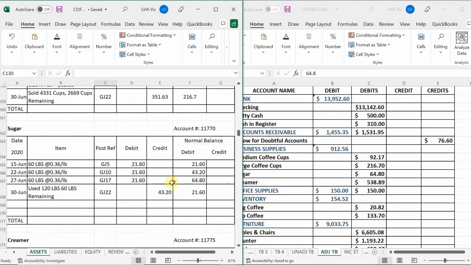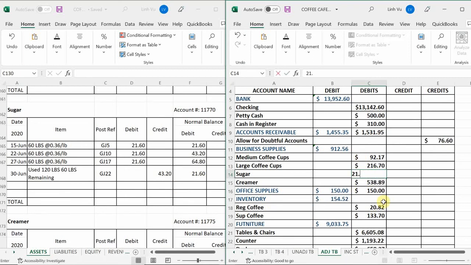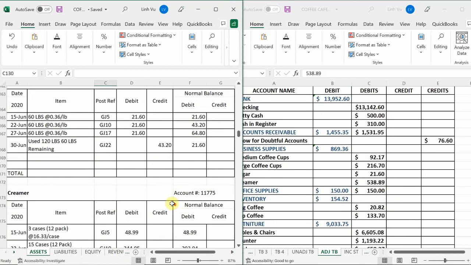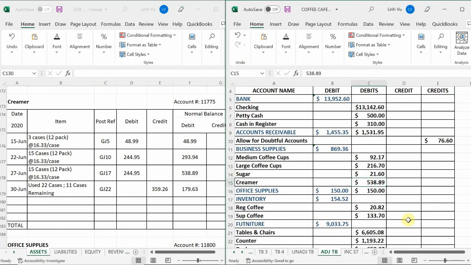We have $21.60 left of sugar. And lastly, for creamer, we have $179.63 left. And there we go. So that means my total business supplies, I have $510 left.